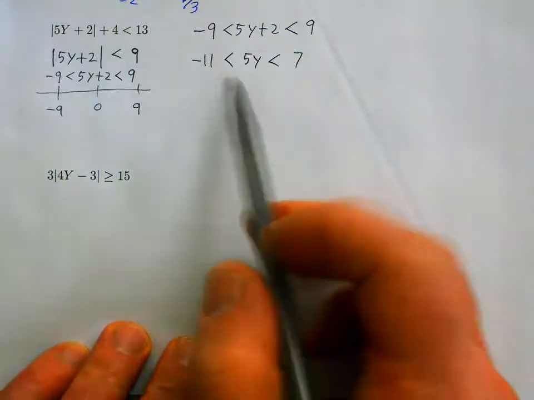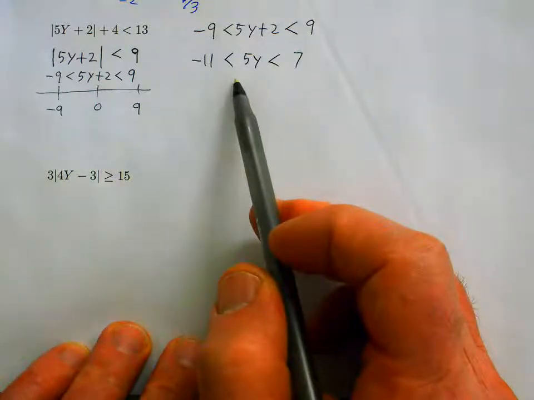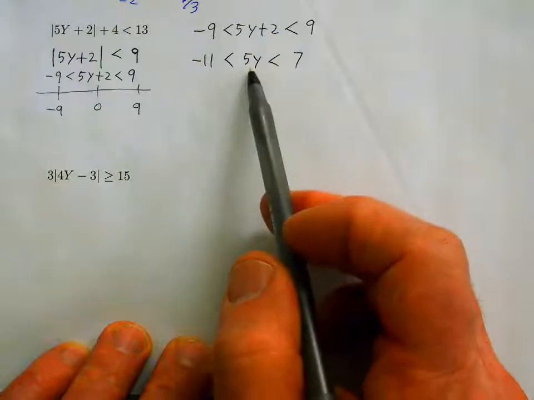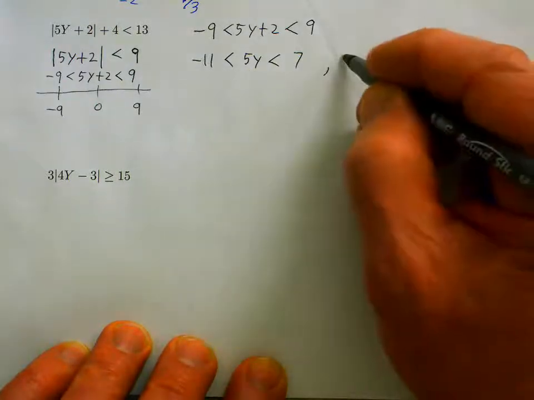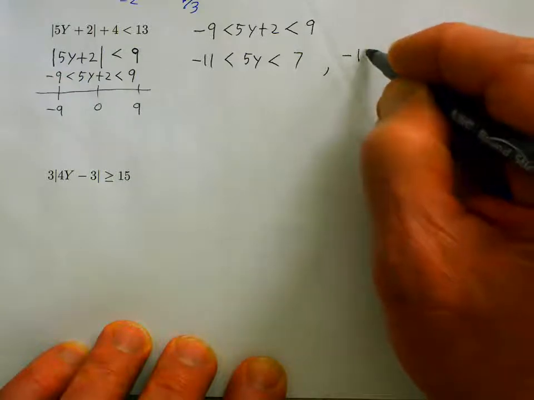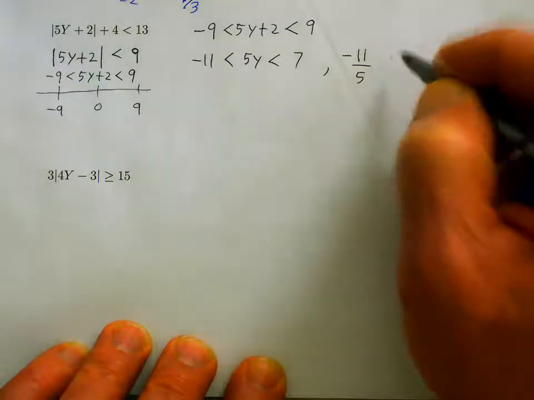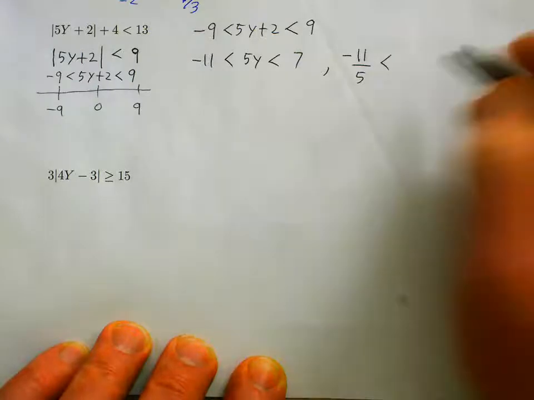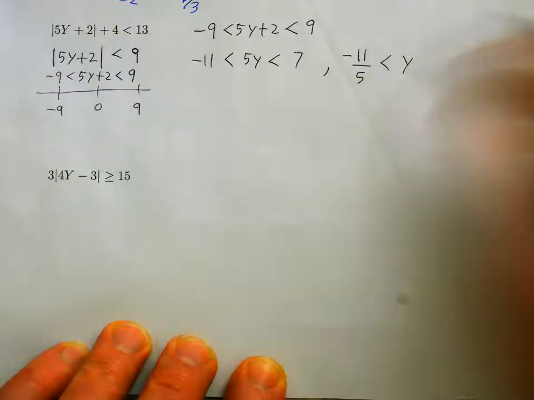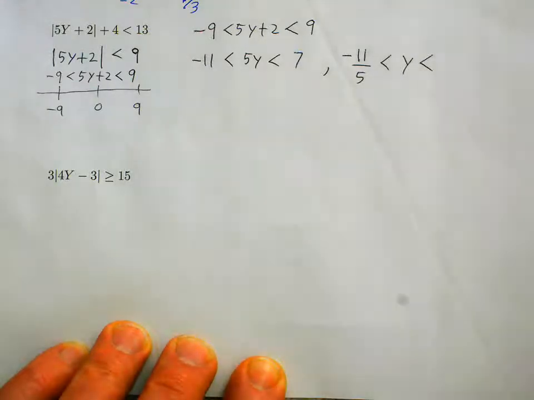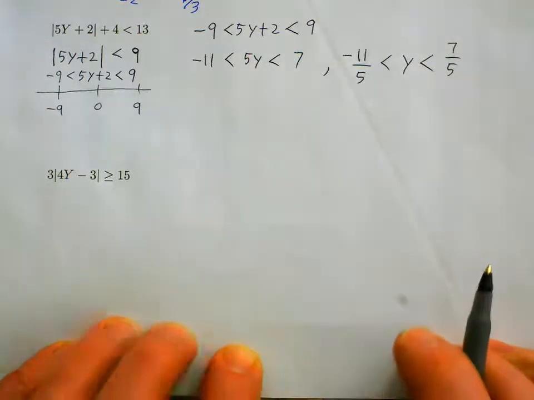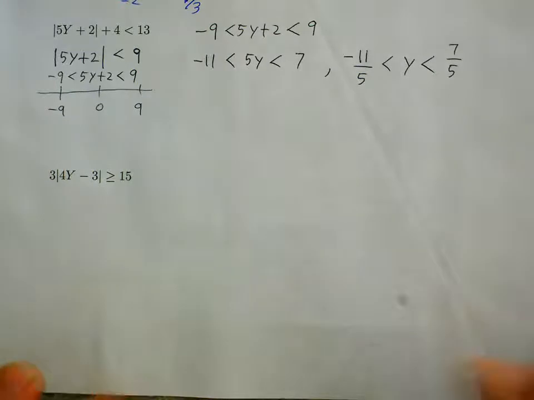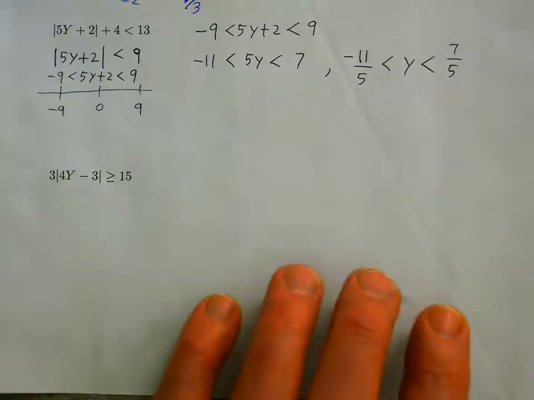And then we divide all 3 parts by 5. So -11 fifths is less than 5y divided by 5, which is y, which is less than 7 divided by 5, which is 7 fifths. Okay, that is the algebraic notation.